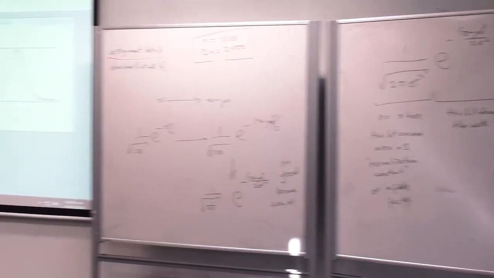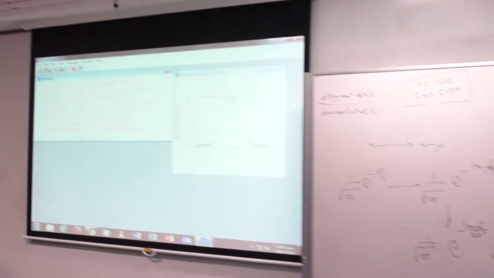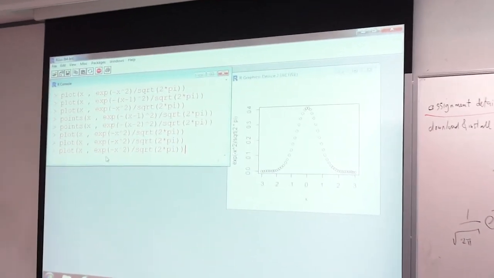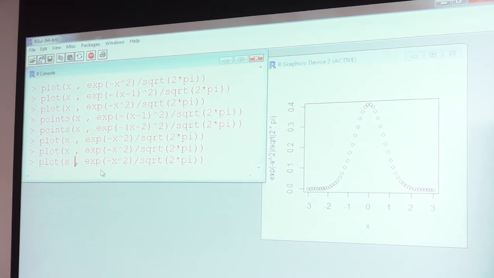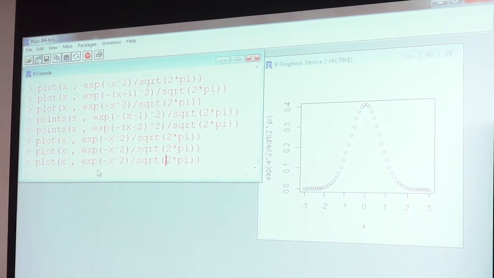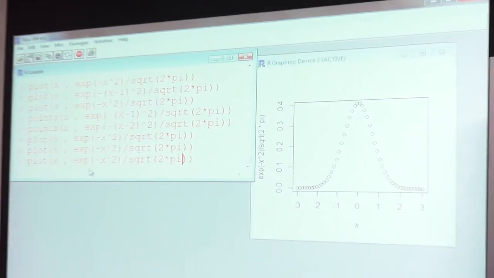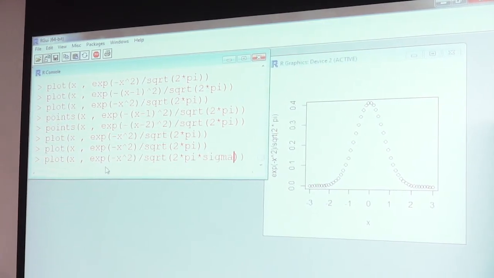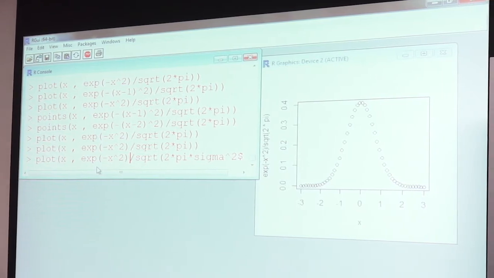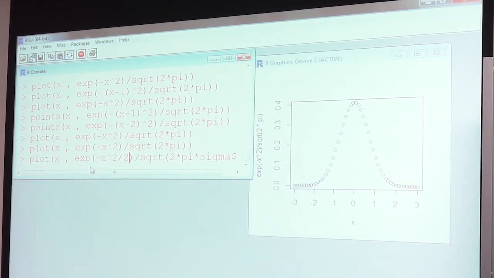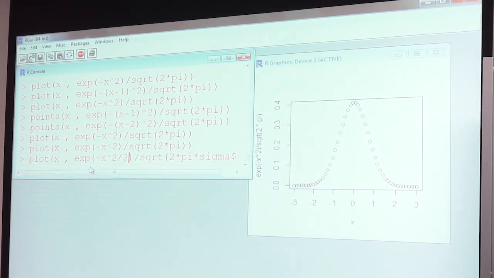There's my standard Gaussian. Now what I'm going to do is just replace that with sigma squared. This is going to fail. Oh, I've forgotten my 2.